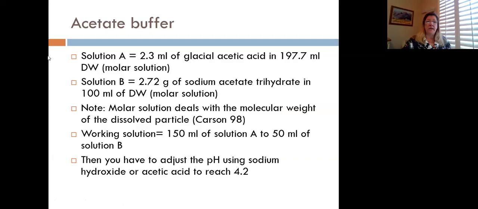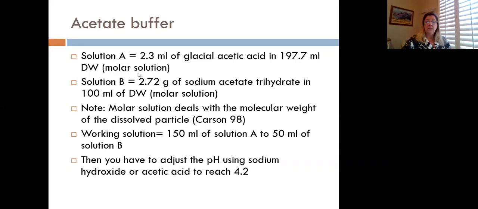All right, so your acetate buffer. You have a solution A and a solution B. They are both molar solutions. Your solution A is 2.3 mils of glacial acetic acid in 197.7 mils of distilled water.